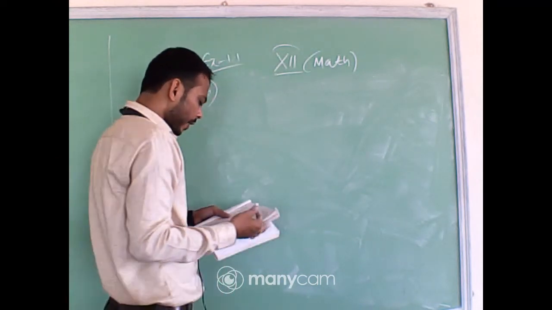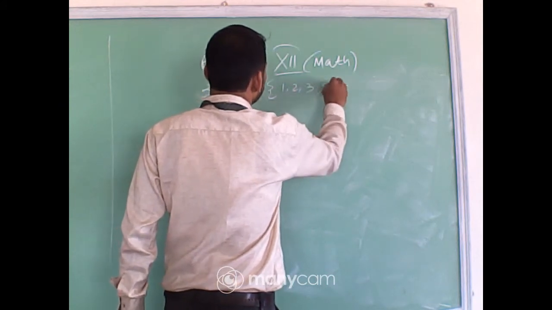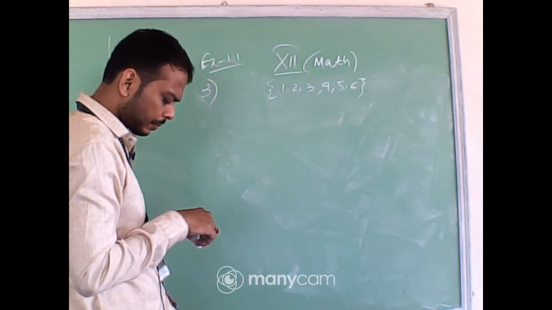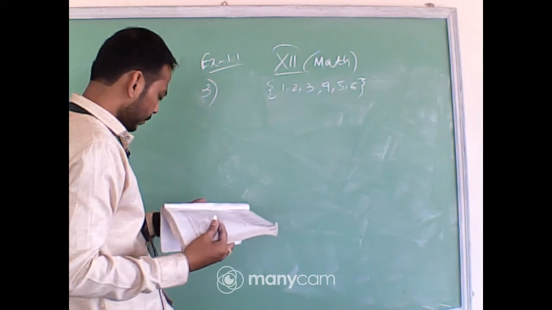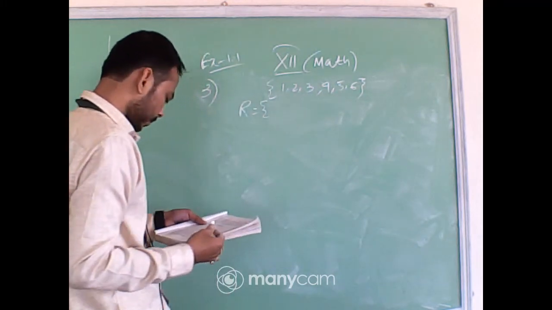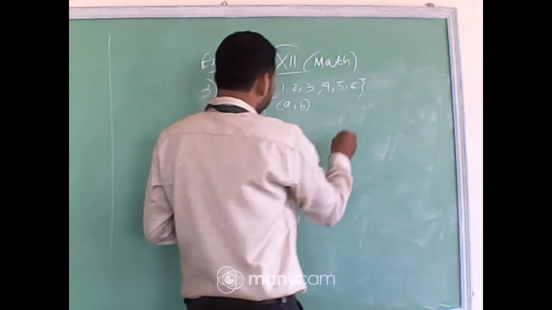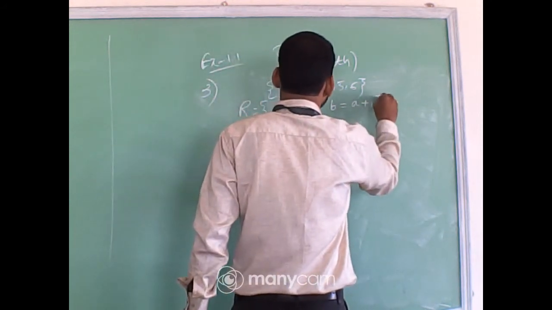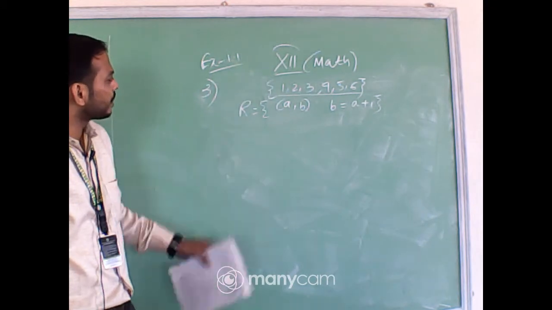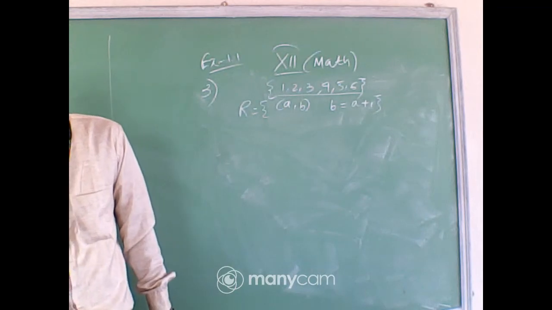Here the relation R is defined on the set {1, 2, 3, 4, 5, 6}. On this set, the relation is defined as containing the ordered pairs (a, b) such that b = a + 1.